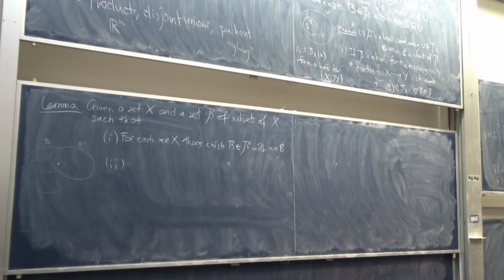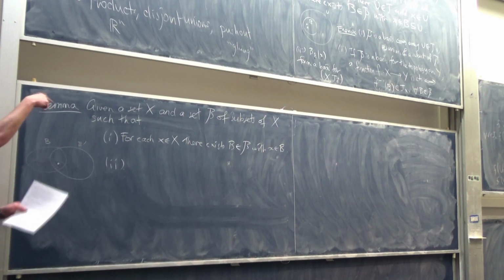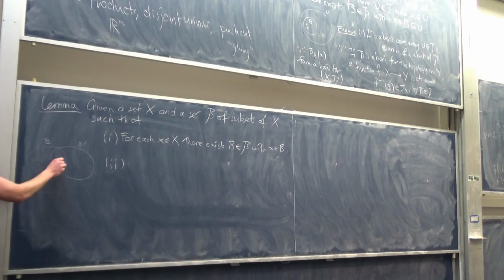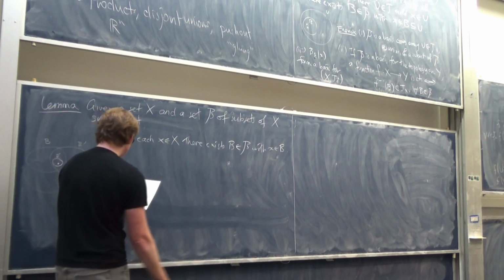But the idea of a basis is that it should be sort of as fine as you like, right? Every point should contain arbitrarily small things in the basis. That's the whole point of it, recovering the topology as a union. So I want to insist that there's something else in the basis which is contained in both B and B prime. Okay, so that's what 2 says.